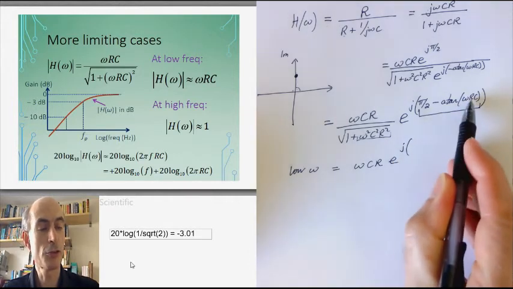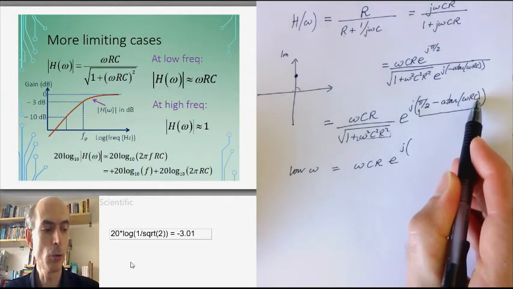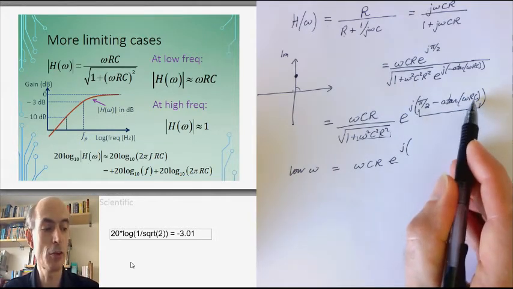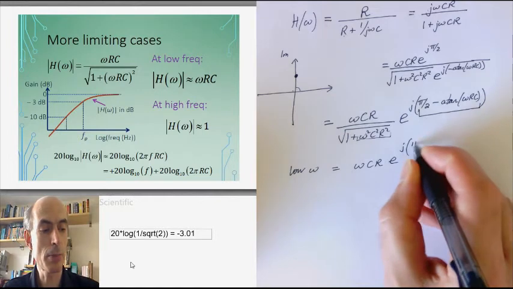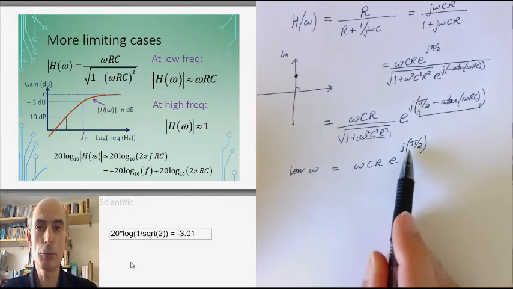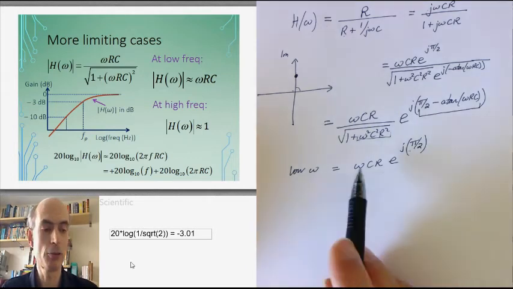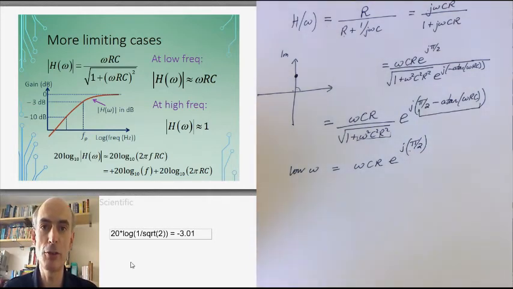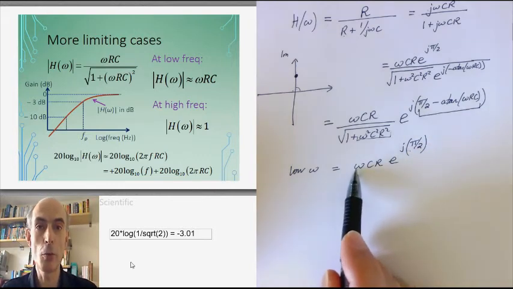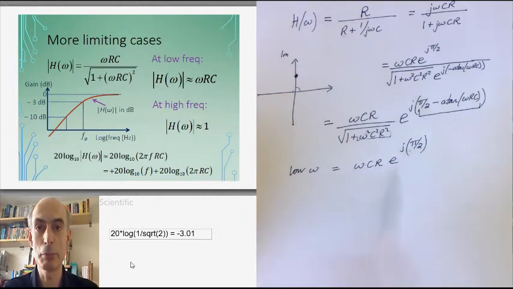Well, omega RC is going to be very, very small. The arctangent of a very, very small number is approximately 0. It's just going to be e to the power of j pi over 2. That suggests that the output is leading the input in phase by 90 degrees, pi over 2, and has a magnitude of omega CR times the amplitude of the input.